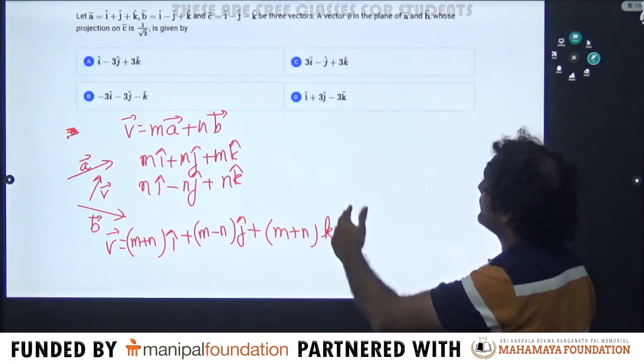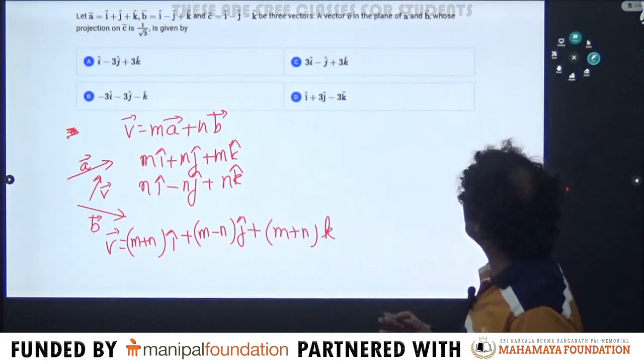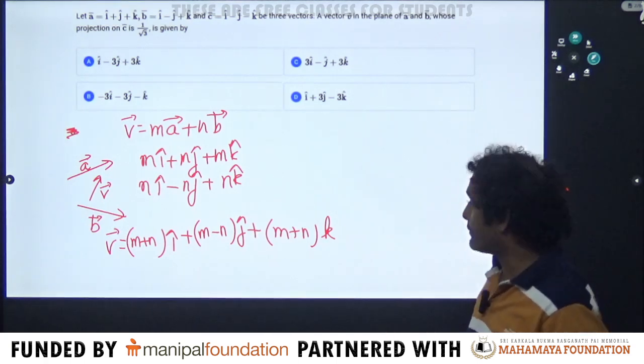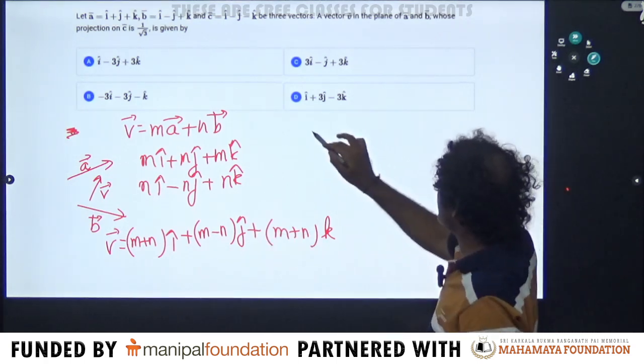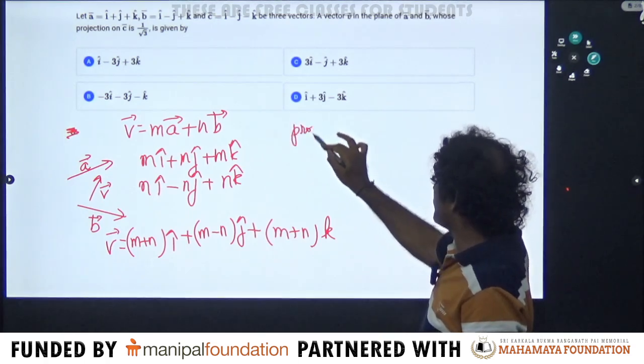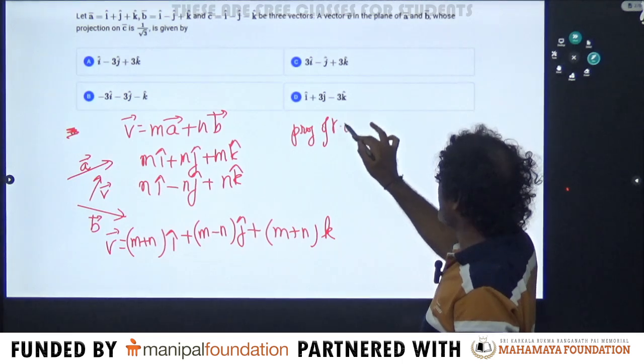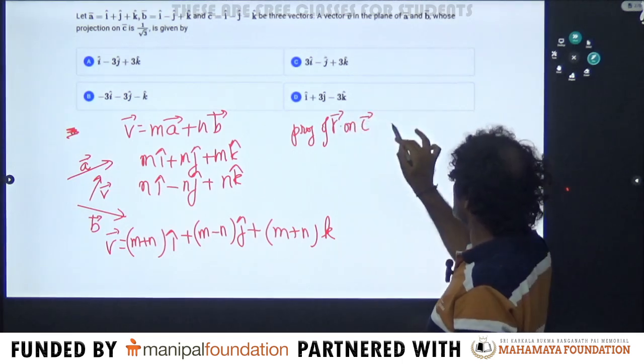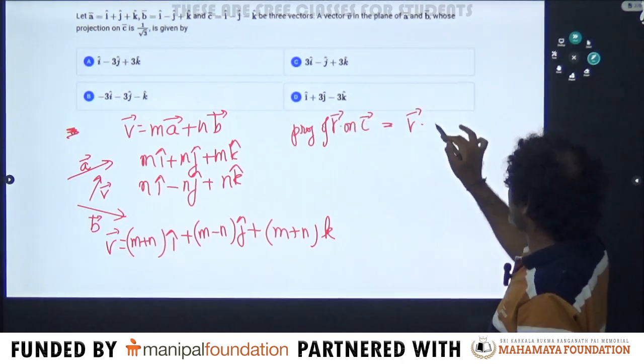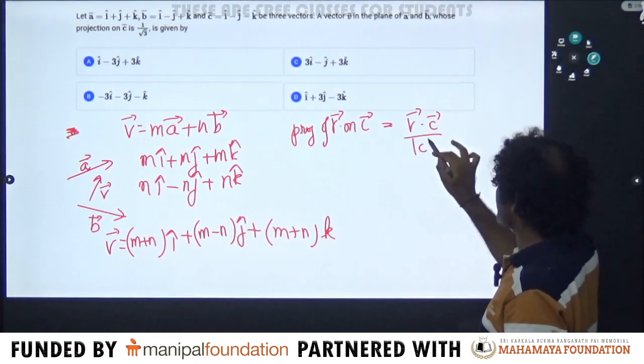And the projection of V vector on C vector is 1 by root 3. What's the projection of V on C? V vector dot C vector by magnitude of C vector.